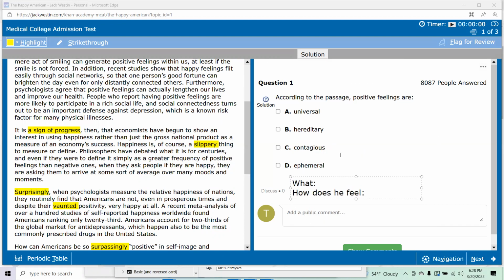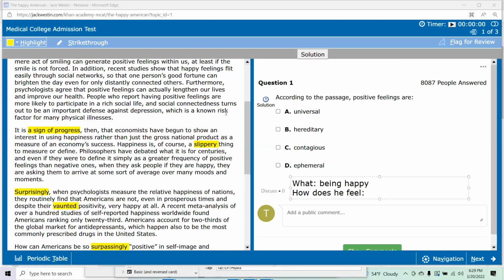Andrew, what was he talking about? Being happy. Yes, he was talking about people who are happy, being happy. And how does he feel about happiness or the people that are being happy?